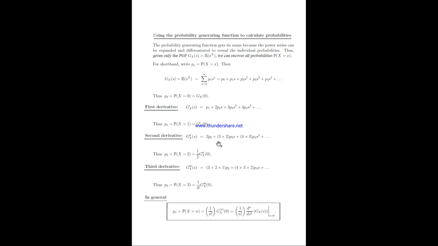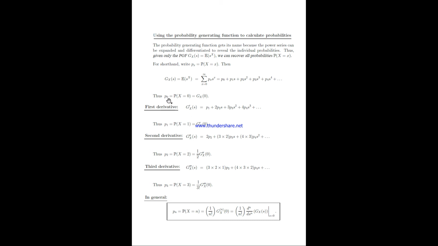We are interested in p2, so you take the second derivative and divide it by 2 to get p2. If you go for the third derivative using the same method, you can calculate it. So you can see a pattern now.